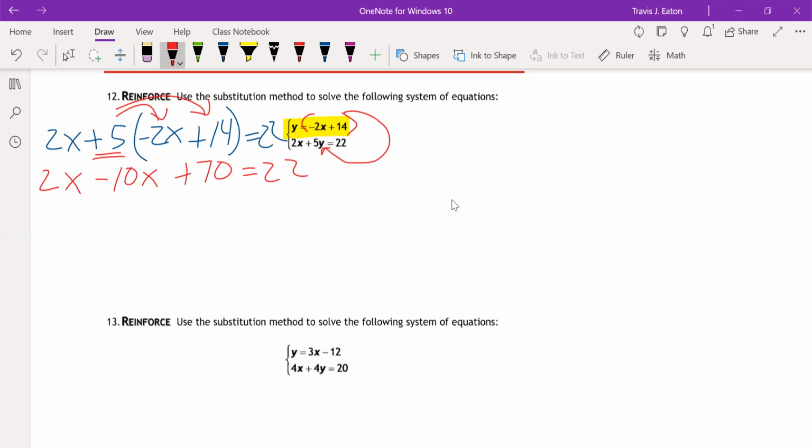Now I can combine my like terms. 2x and negative 10x is negative 8x. Make sure that you're writing this down in your book. Plus 70. Okay. And that equals 22.